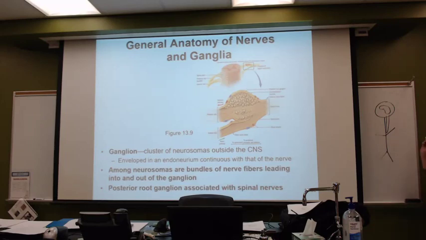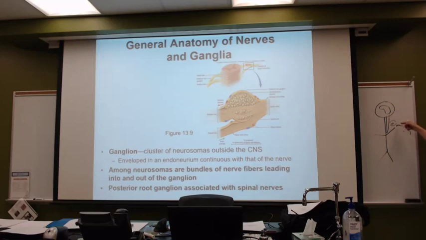Okay, so now if I have this posterior root, that's full of those nerve cell bodies, those neurosomas, if you remember, sensory information needs to come in, and it comes in on that posterior side.